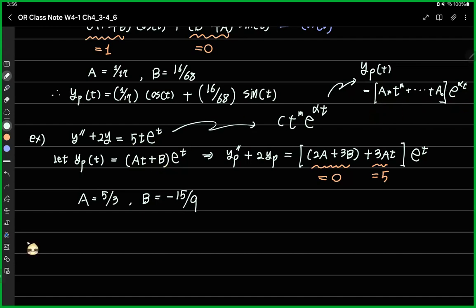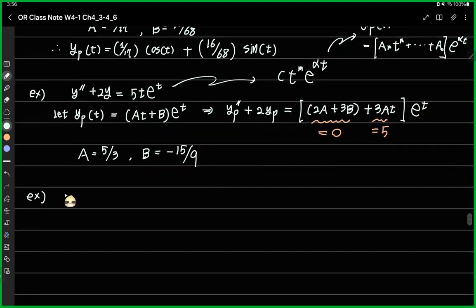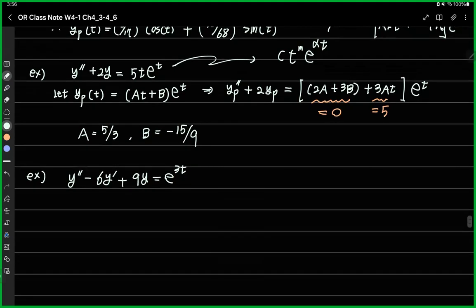Here's one thing that we need to consider. Y second derivative minus 6y prime plus 9y is equal to e to the 3t. Now you see the pattern, right?